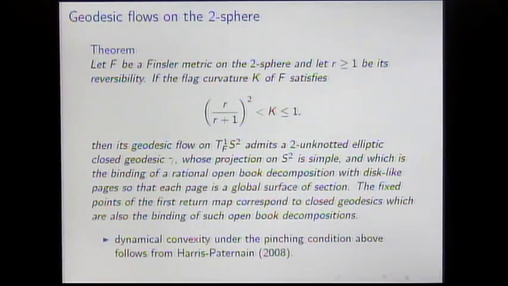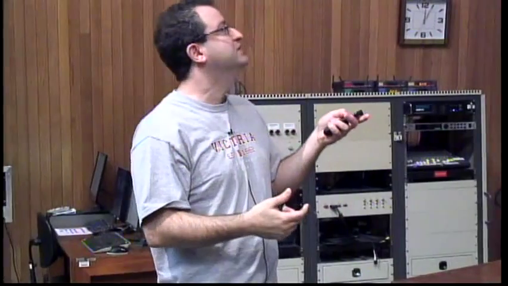Let me just remind that the existence of the simple closed geodesic under that pinching condition was proved by Rademacher, an elliptic orbit also.